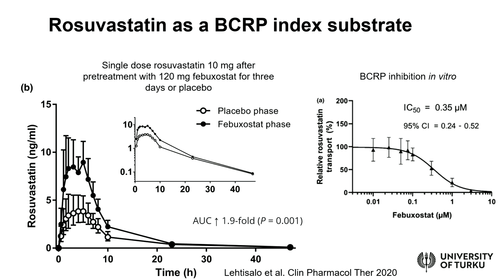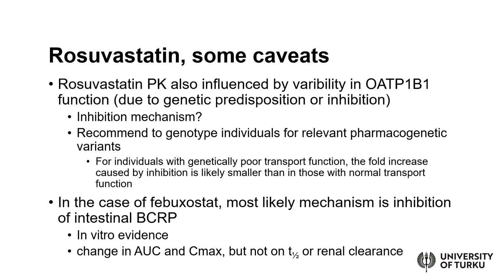But some caveats for rosuvastatin, as shown in some previous slides as well. Rosuvastatin pharmacokinetics is also influenced by variability in OATP1B1 activity, which could be due to genetic factors or due to inhibition of OATP1B1. So we have to be careful about what the mechanism actually is.